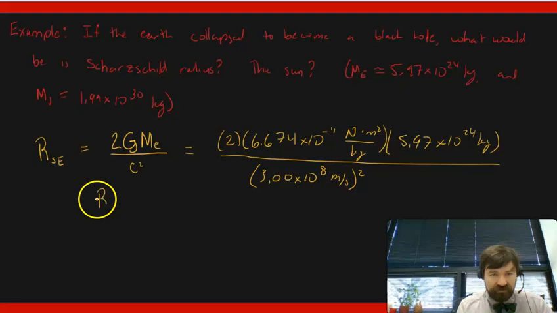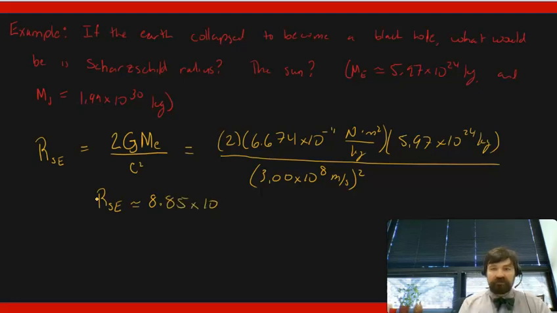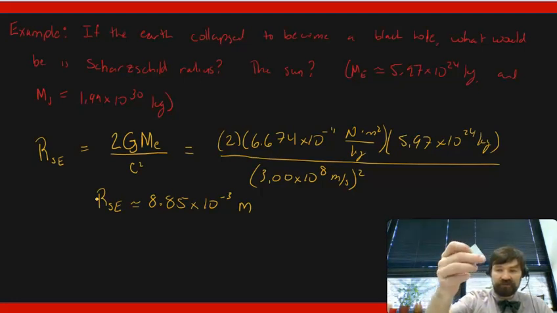This gives us a Schwarzschild radius for the Earth of about 8.85 times 10 to the negative third meters. So this is just under 1 centimeter. It's a very, very small black hole. It'd be smaller than this little piece of paper here.